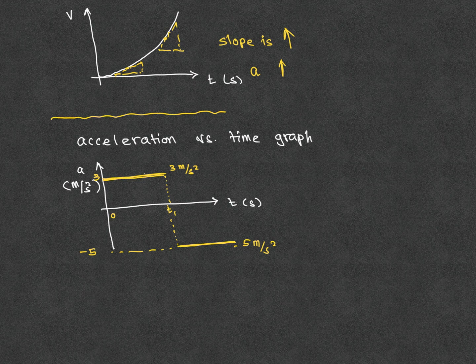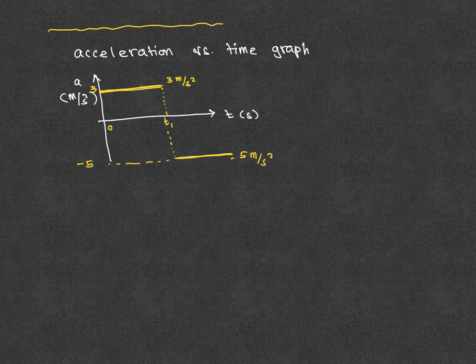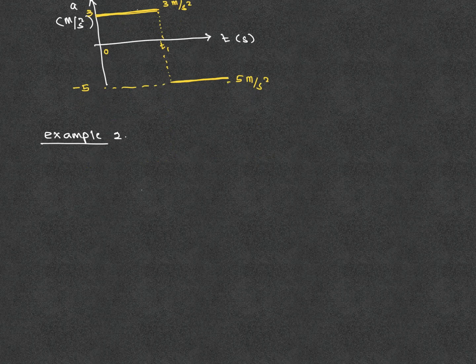Now that we have some idea about what is happening over here, we should be able to discuss graphs like this. Example number 2: let's say x versus time. Don't forget to check the axis.